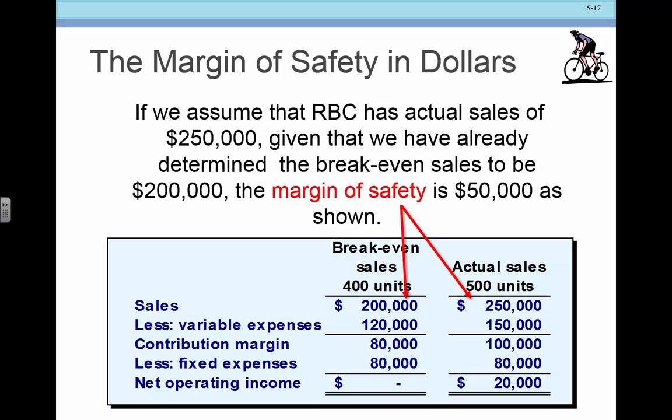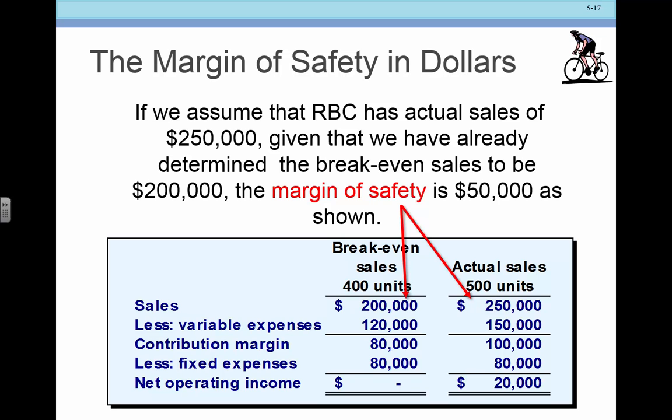What did I actually do? And I don't know if this is for a month or a year, it doesn't matter. I sold 500 bikes. What's the margin of safety in number of bicycles? 100 bikes. If their sales dropped 101 bikes, they would be in a loss situation, right?